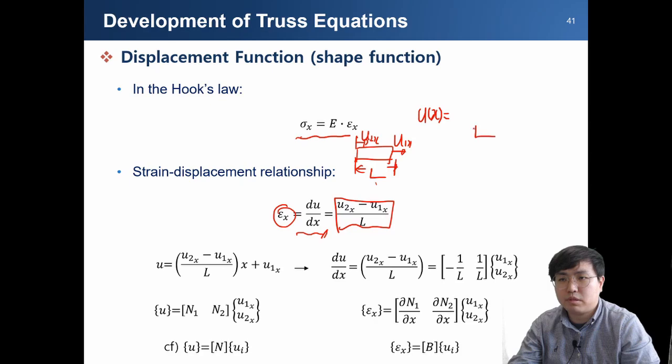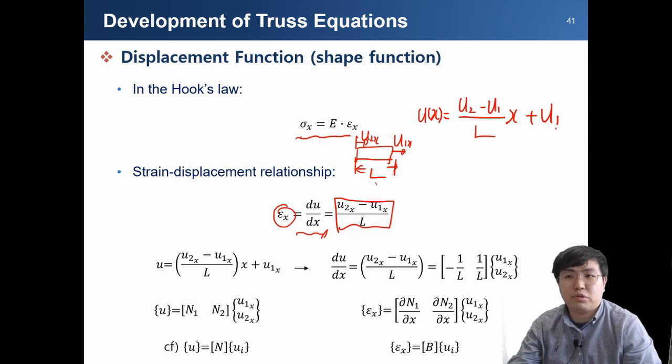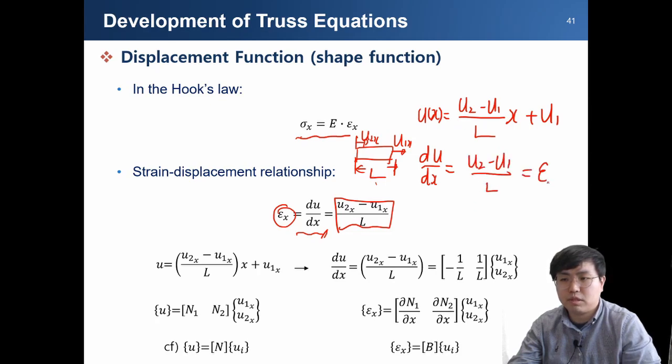Yeah, displacement can be expressed as a first order polynomial equation. Here we are going to obtain some strain fields, so that this constant becomes 0, and this first order part remains. This becomes a strain.